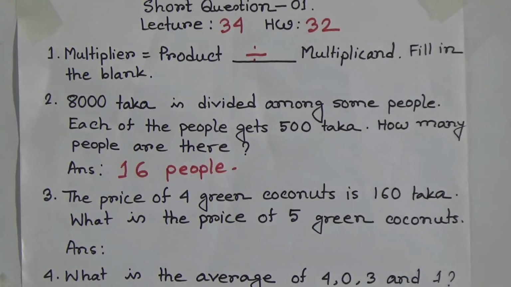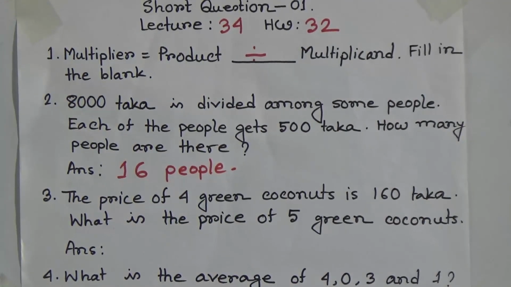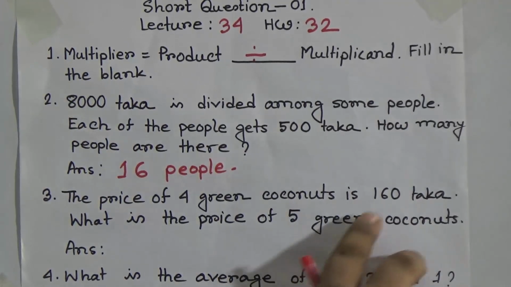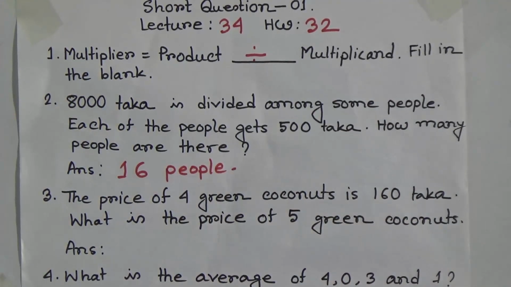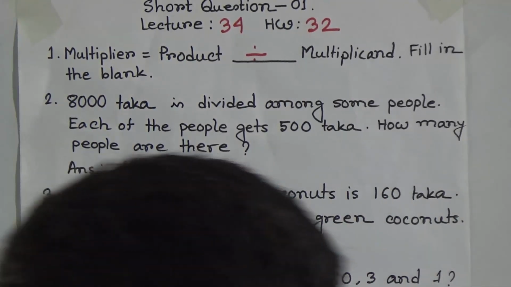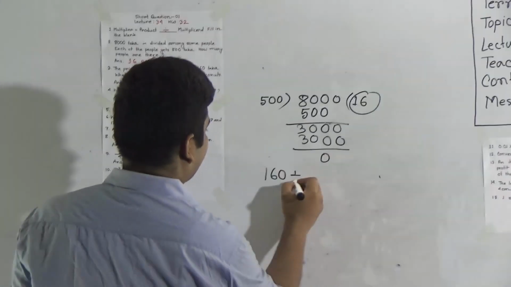Dear students, which method is applicable here? In this section we use the unitary method. That means at first we find out the price of 1 green coconut. How can we? We divide this 160 by 4 and we get the price of 1 coconut. So we divide 160 by 4.